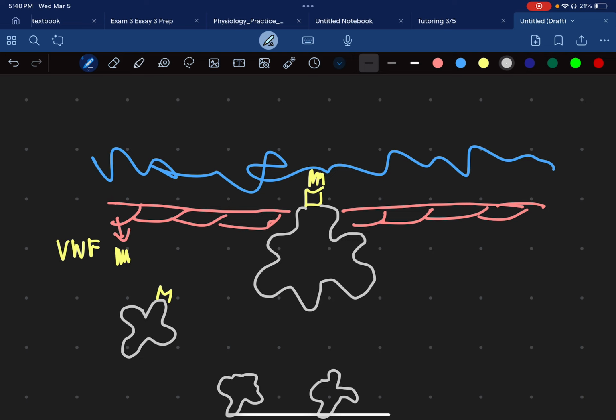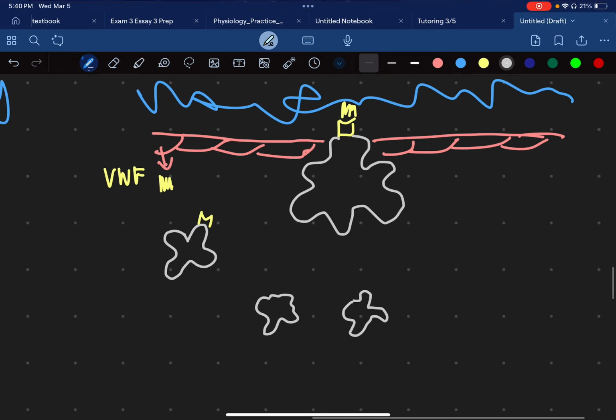To activate them, there's a couple different things. So there's this thing called fibrinogen that's turned into fibrin. When fibrin is released, it's going to activate these cells. So let me just see here.